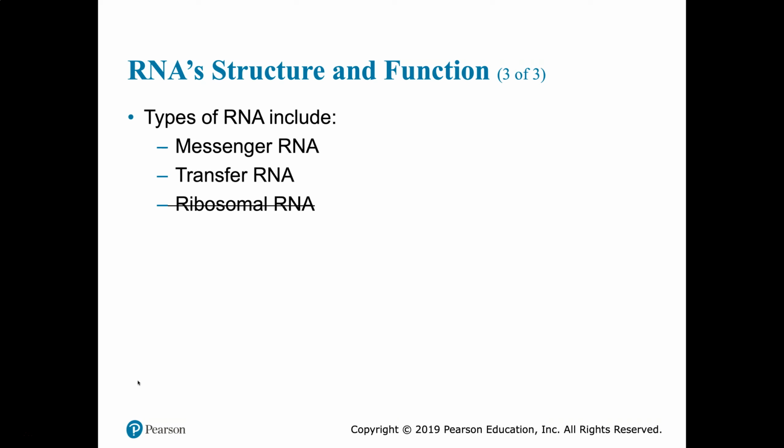You take your DNA, it's read, and then we make a shorthand copy of the gene of interest. That shorthand copy is called messenger RNA. Then, when we move into translation, transfer RNA helps build a polypeptide, a protein.